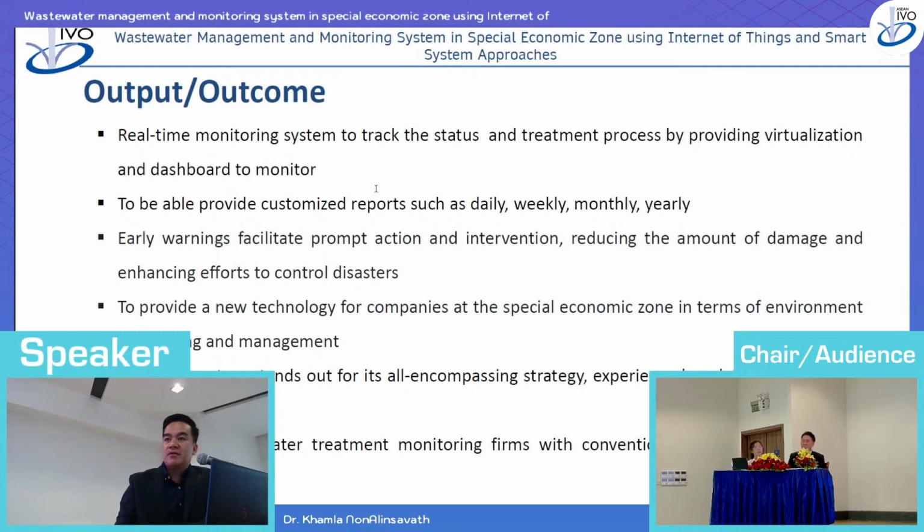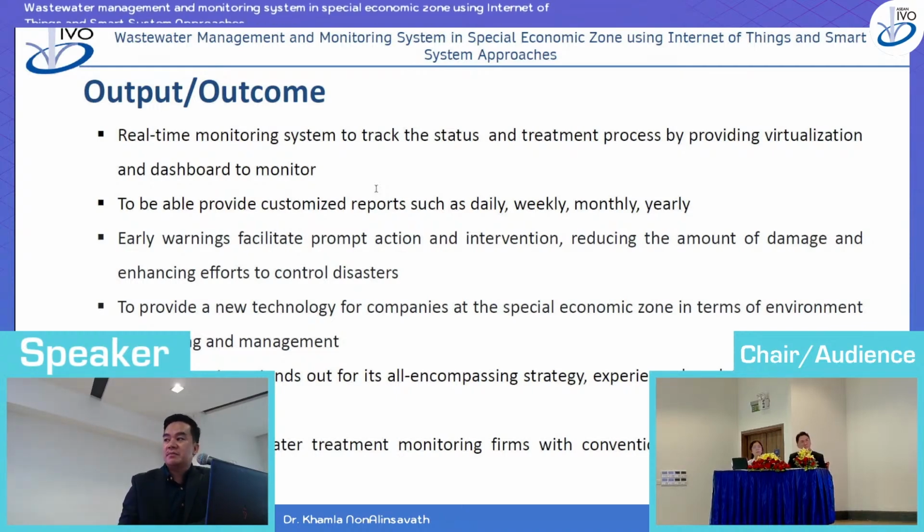We will have data collection from the real-time responses of the system, to see and know the quality of the water of our country from now to the future, and see what will happen, and how to handle it together, and how to change the behavior of wastewater management as well.